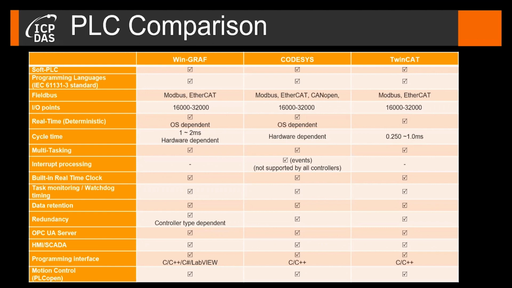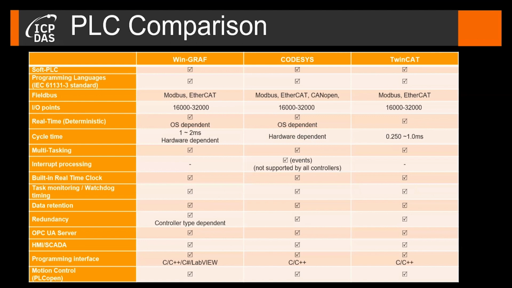The advantage of a soft PLC like Win-GRAF over a traditional PLC is that soft PLCs are more flexible for extension. For Industry 4.0, flexibility is a key component. So soft PLCs such as Win-GRAF are developed with Industry 4.0 in mind and can be flexibly expanded to support M2M and IoT functionality.